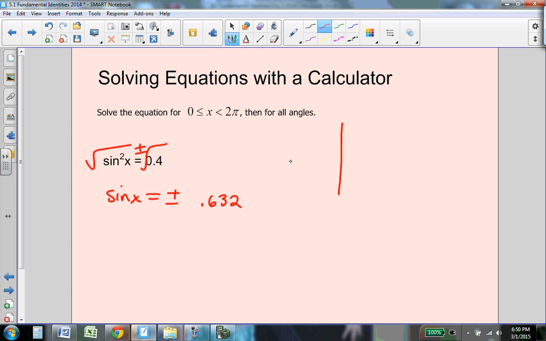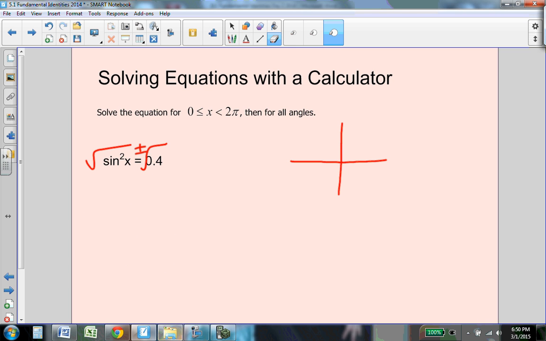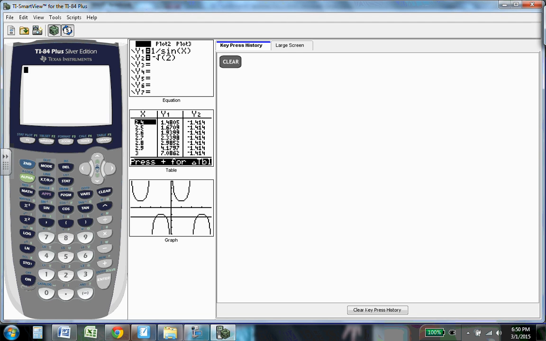So that means I'm going to do my inverse sine. Sorry, I did the inverse sine, and that was 0.632. Sorry about that. What we're doing is taking the square root of 0.4, and that's 0.632.